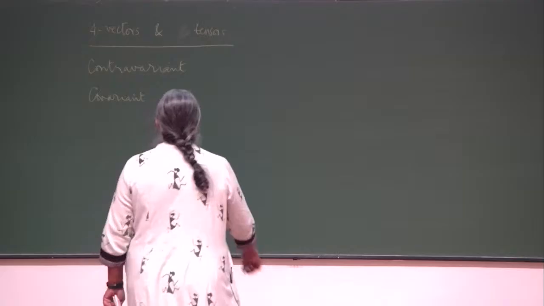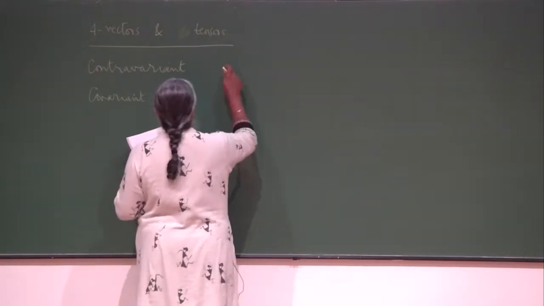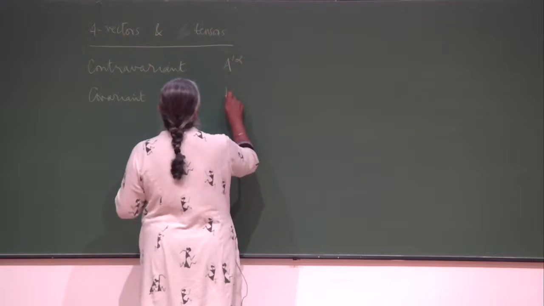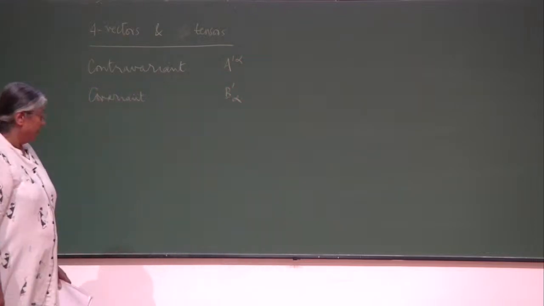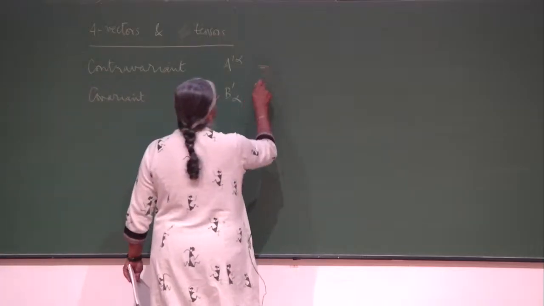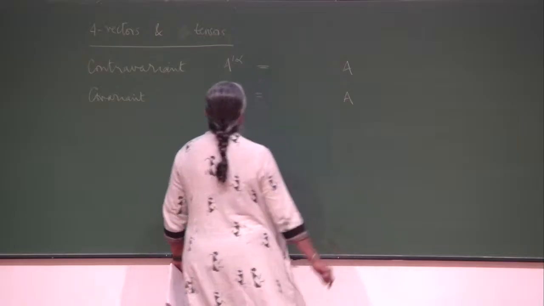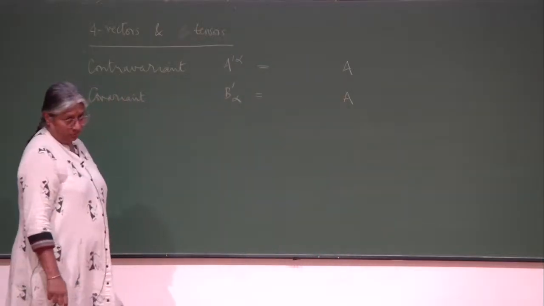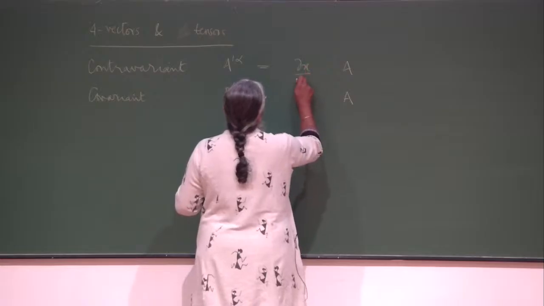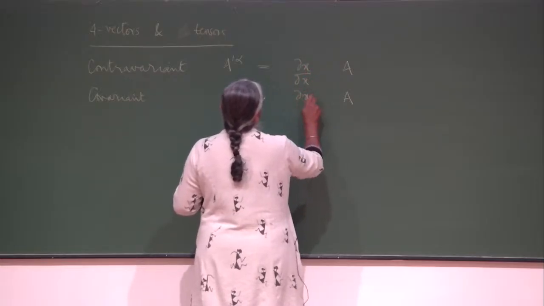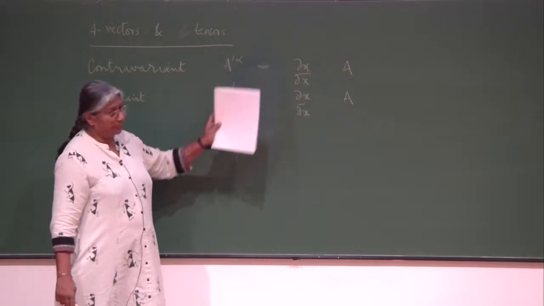So let us see who remembers. I called this A and I called that B, let me not change the notation. This is the primed variables and they will be related to the unprimed variables. Now you have to tell me what is coming where. So let's look at A prime alpha.